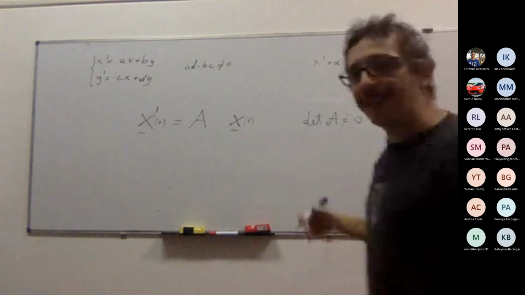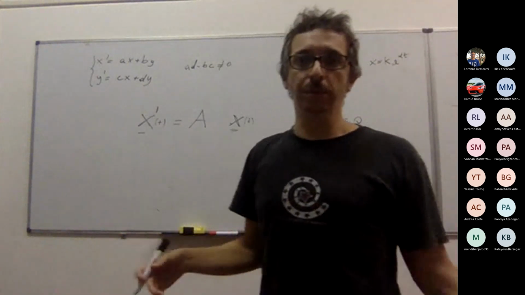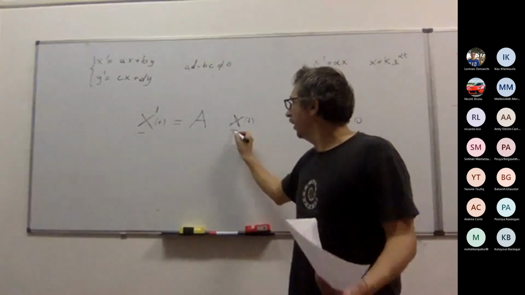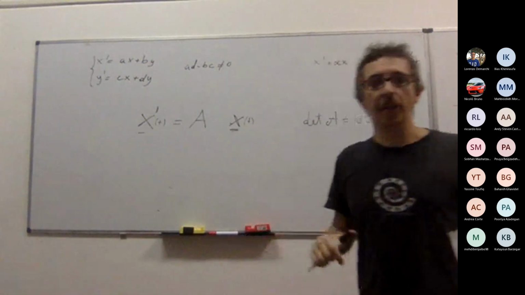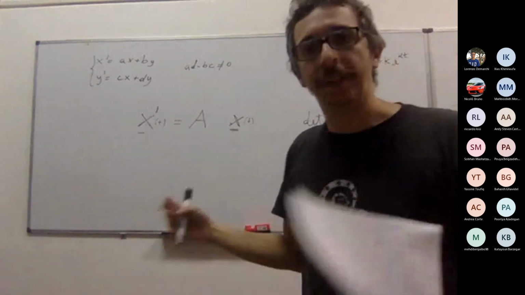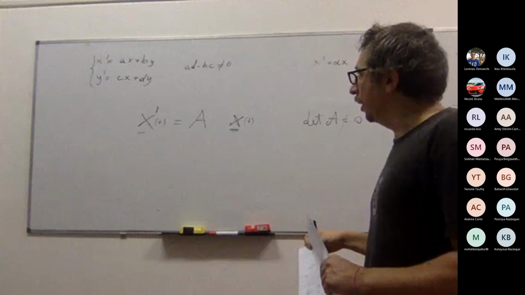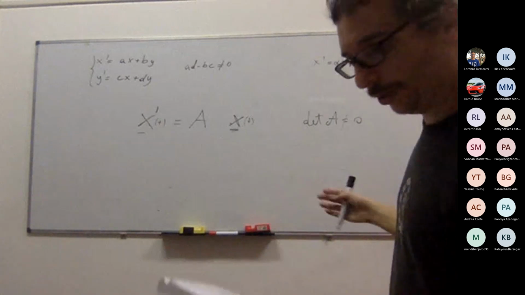So what I want to do is to give an ansatz, so to give a possible idea of solution of this equation, and then see what happens for the ansatz to be true.